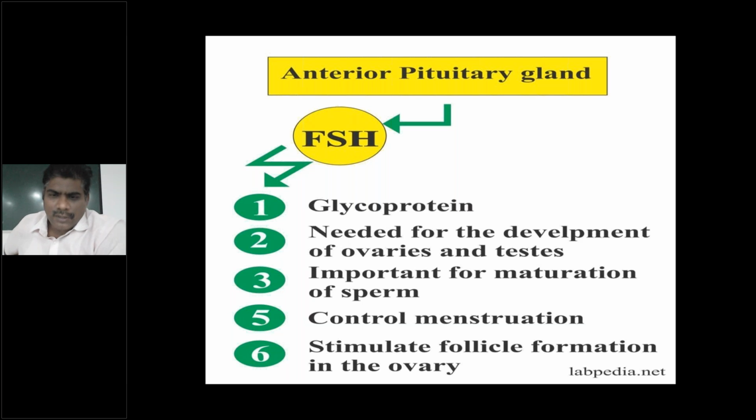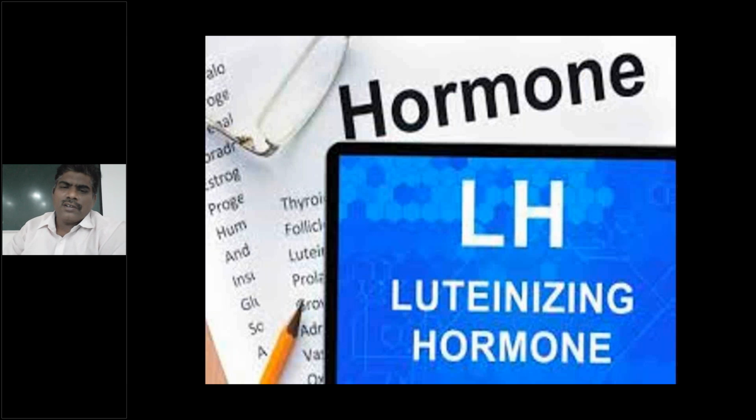It controls menstruation and stimulates follicle formation in the ovary. That is the role played by the follicle-stimulating hormone.